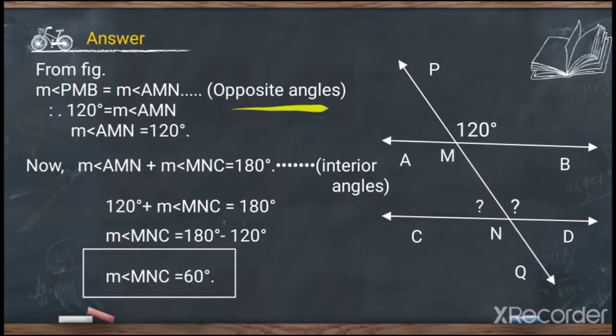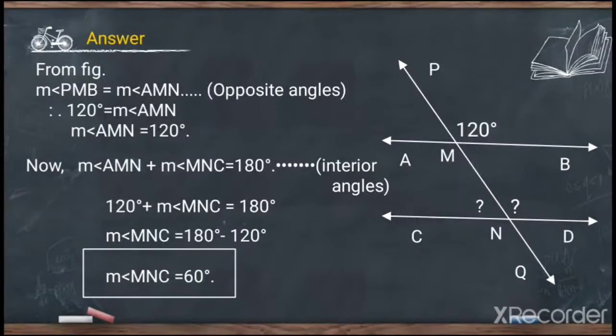Here I use the opposite angle. So angle PMB and angle AMN are congruent because both are opposite angles. Now I substitute the value of angle PMB, 120 degrees. Therefore, angle AMN is equal to 120 degrees.